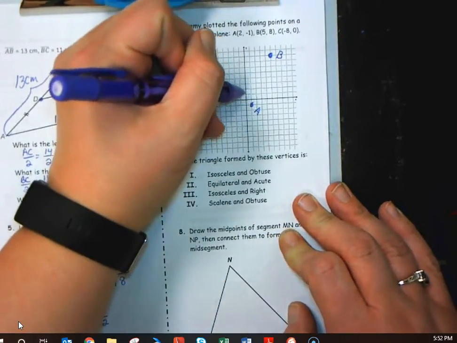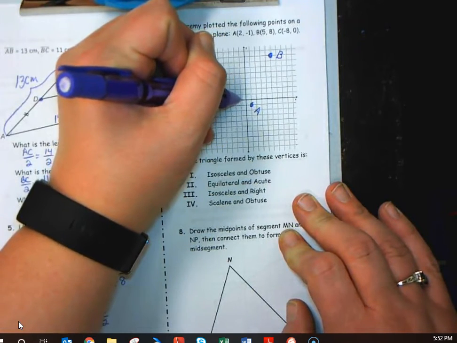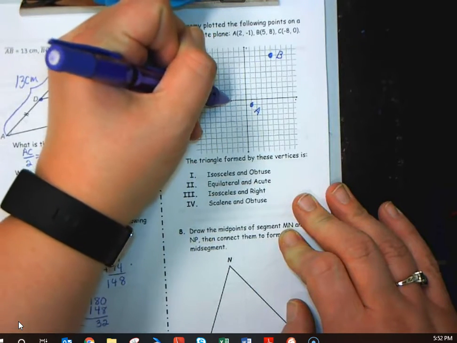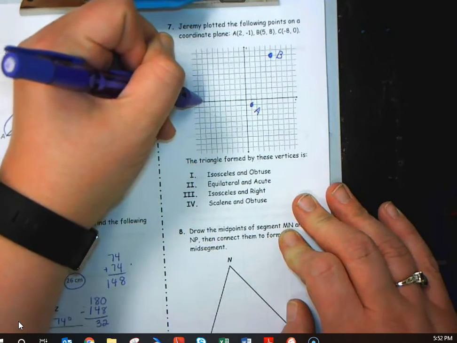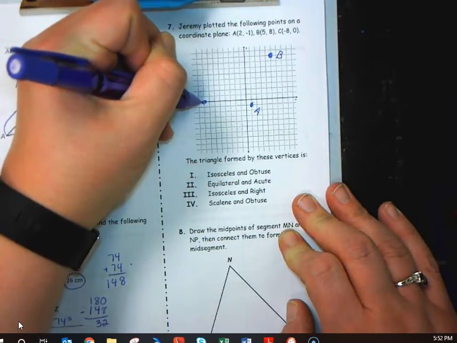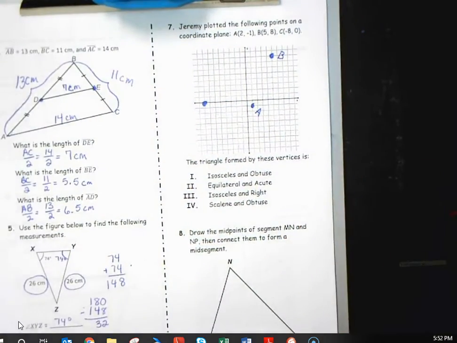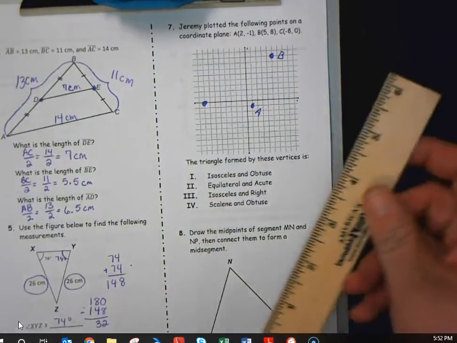And then point C is (-8, 0): 1, 2, 3, 4, 5, 6, 7, 8. So now we have 3 points. Let's use our straight edge and connect them.